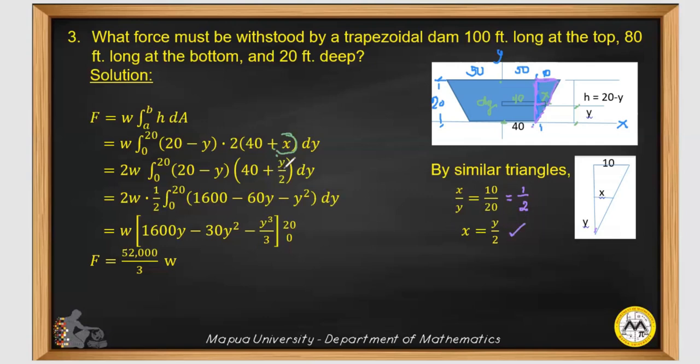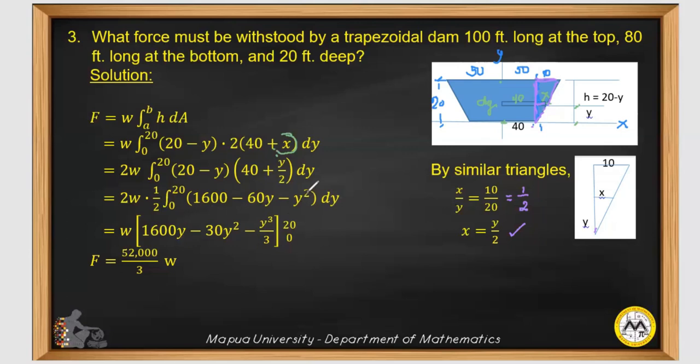And we can replace x here by y over 2. If we multiply 20 minus y by 40 plus y over 2, that will give us 1,600 minus 60y plus y squared times the differential of y. Evaluating this integral in y will give us 1,600y minus 60y squared over 2, which is 30y squared.